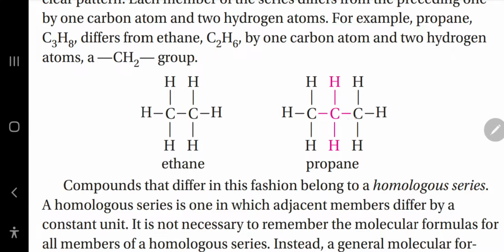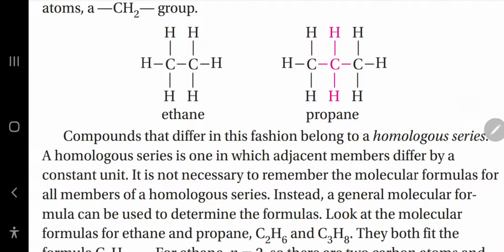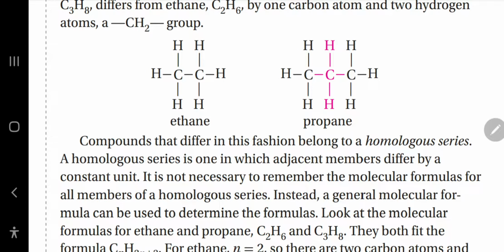The second compound has 3 carbon atoms with 8 hydrogen atoms, and the name of this compound is propane. Compounds that differ in this fashion belong to a homologous series, which is one in which adjacent members differ by a constant unit.